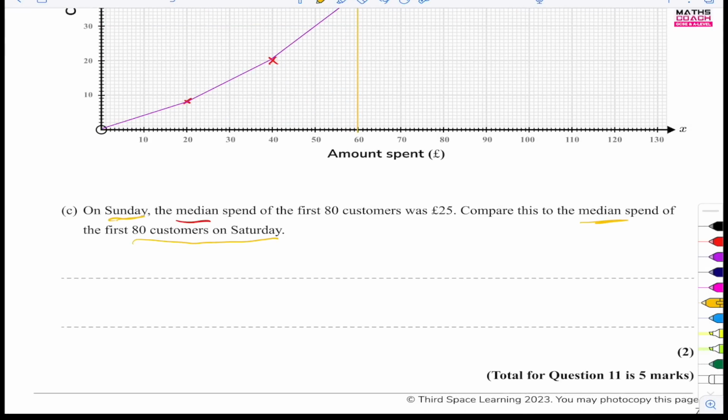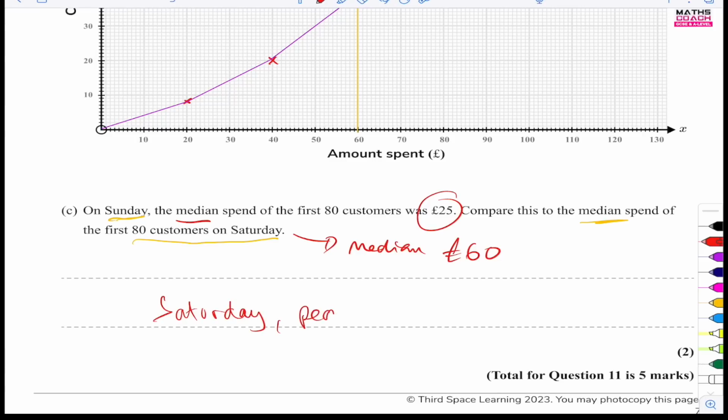So my median on a Saturday is £60. So what can you say? Well, you can see on Sunday, the average median people spent was £25. Saturday, much higher. So Saturday, people spent more than Sunday.